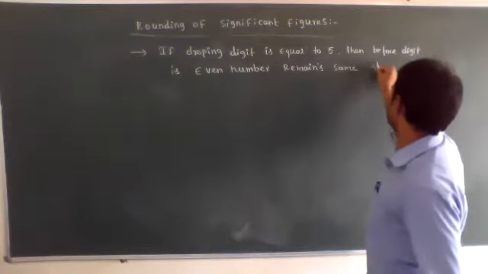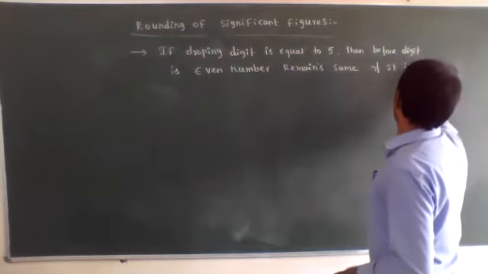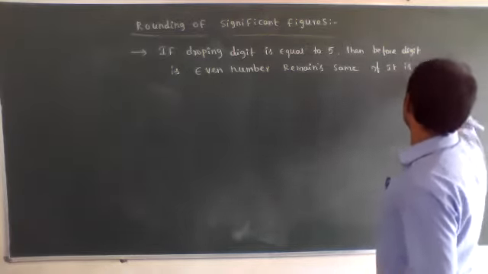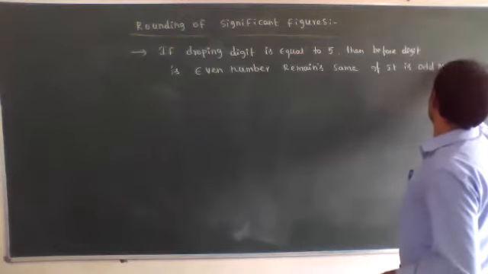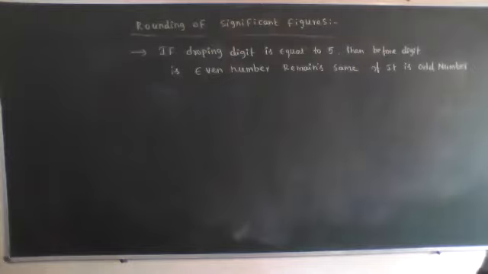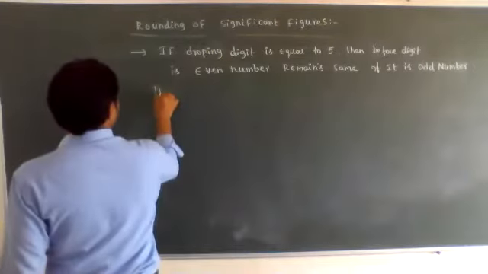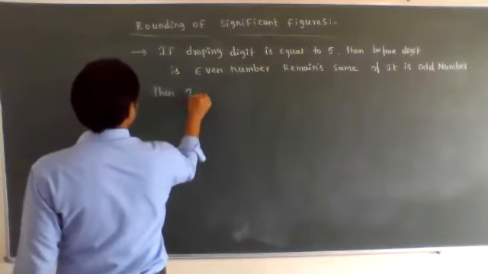If it is an odd number, meaning the before digit is an odd number, then increase it by 1.